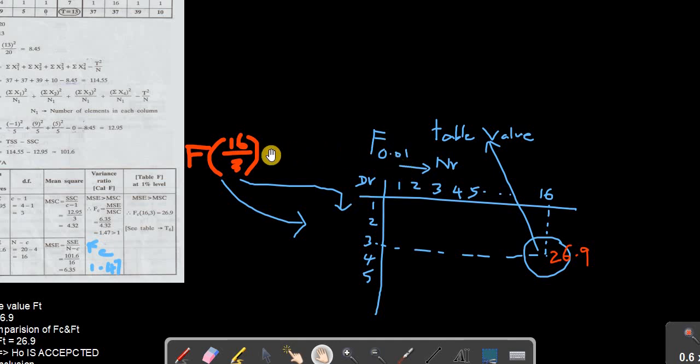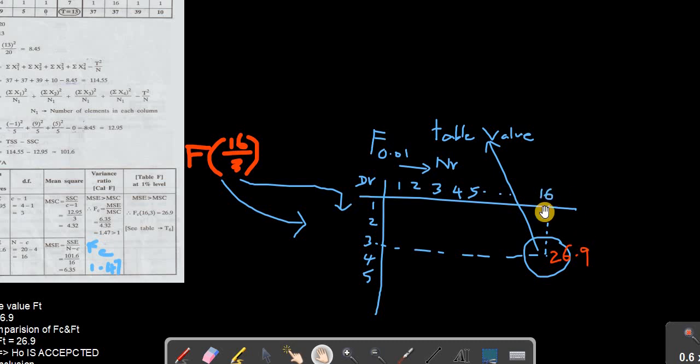Now for this particular case, where we are taking F of 16, 3, the 16 you have to write, the numerator, in the horizontal direction, and the second number, the denominator, you have to take in this direction. So 16 you take in this direction, 3 you take in this direction.